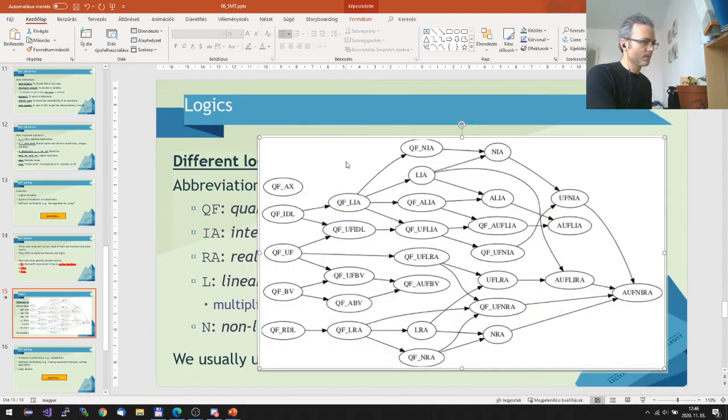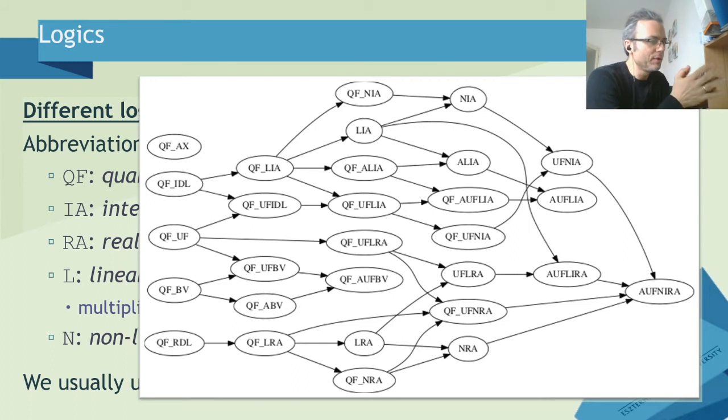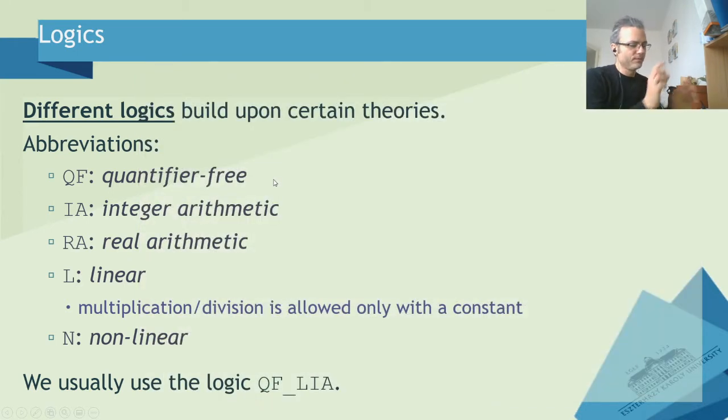So in the SMT-LIB, you can pick lots of logics. Each of them has those very ugly names. Those are abbreviations actually, and I picked this QFLIA, which comes from different building blocks.